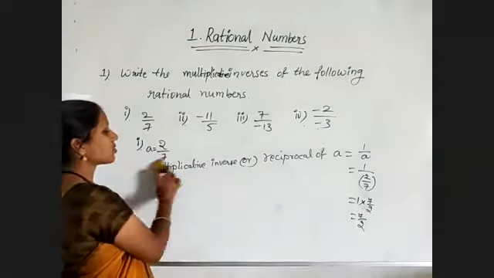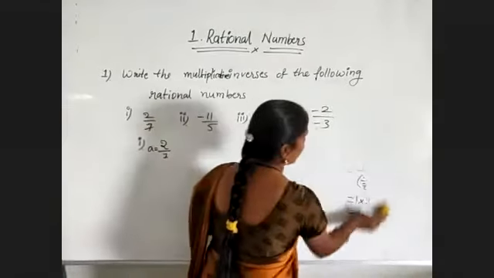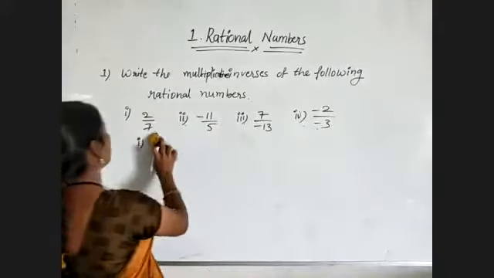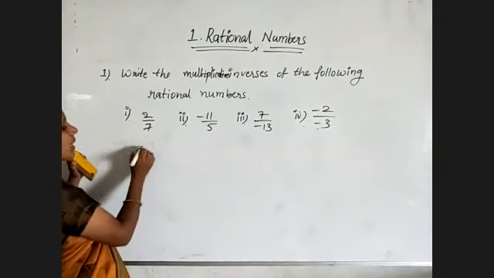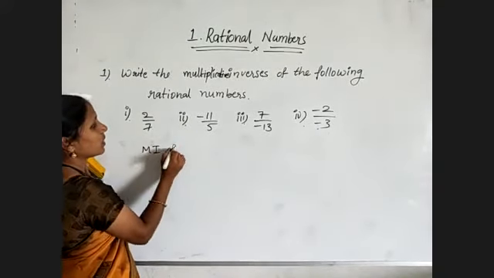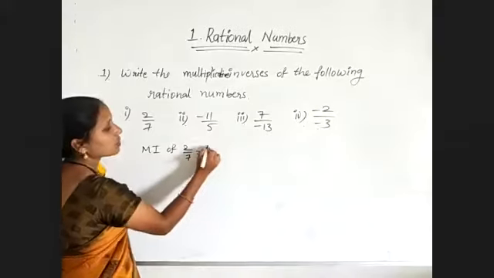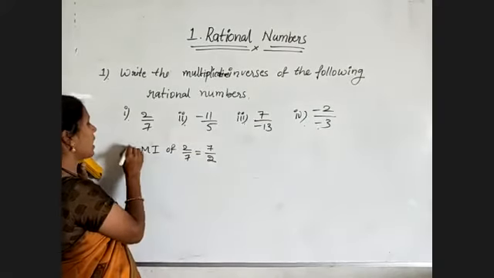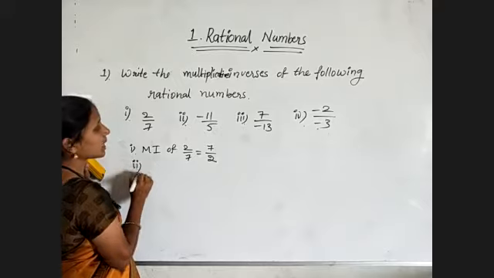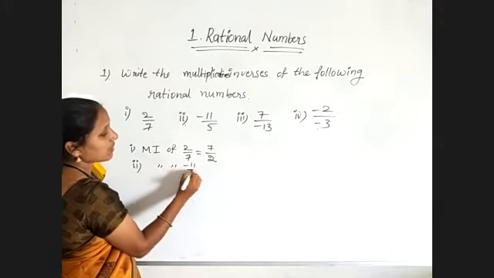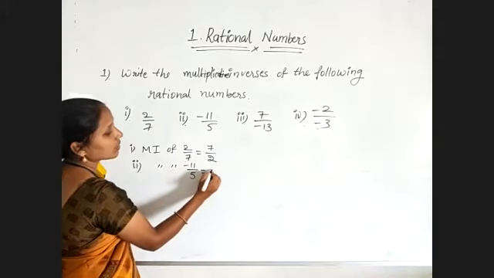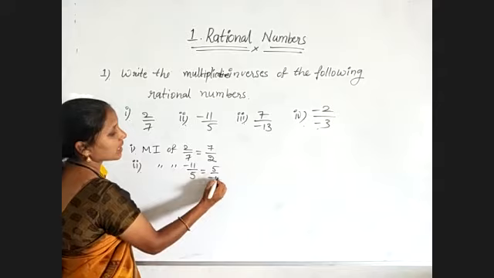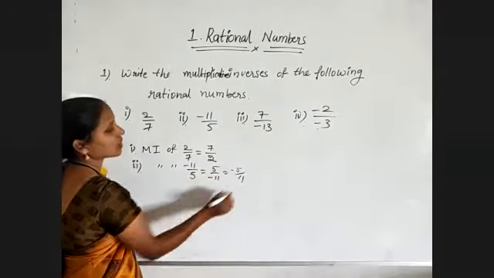So this much is not needed, just identify. So multiplicative inverse of 2 by 7 is equal to 7 by 2. Just reverse the fractional number. And second one, multiplicative inverse of minus 11 by 5 is equal to 5 by minus 11. That is nothing but minus 5 by 11 only.